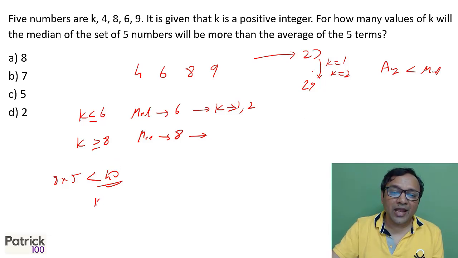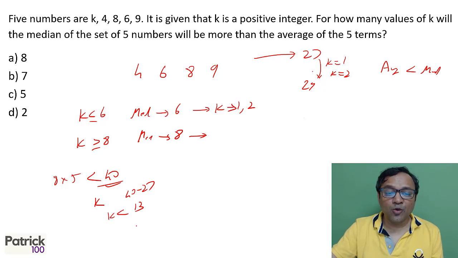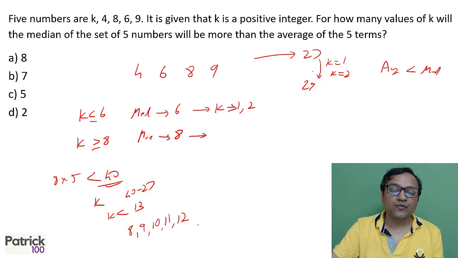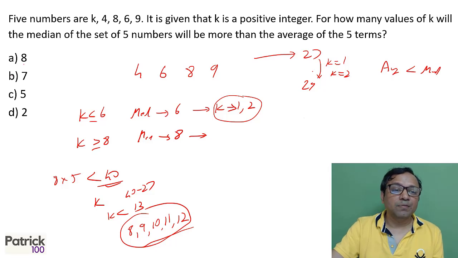Then the value of k has to be less than 40 minus 27, which is 13. The value of k has to be less than 13, but it has to be 8 or more, so values you can take are 8, 9, 10, 11 and 12. 5 values. So 5 values out here, 2 values out here. So total 7 values. B option is the answer.